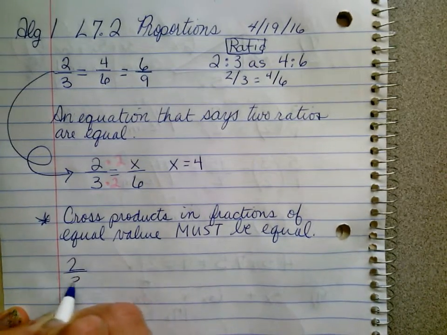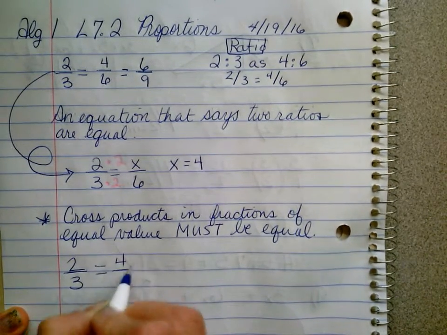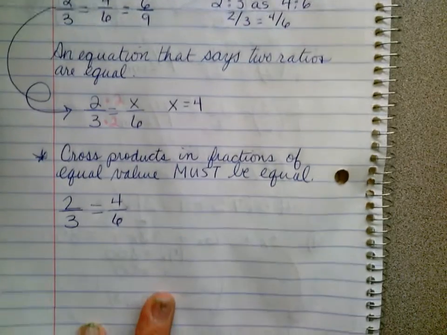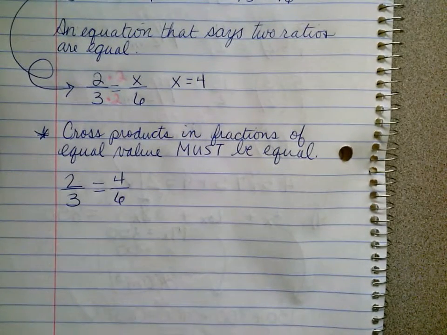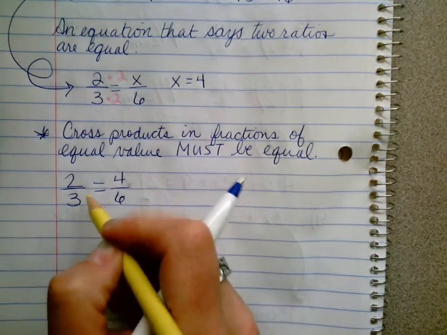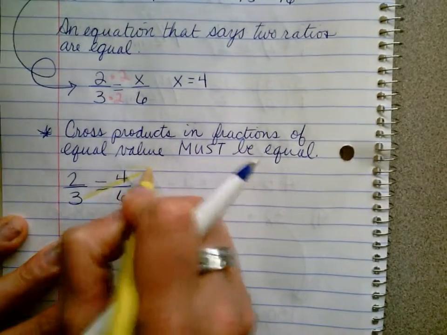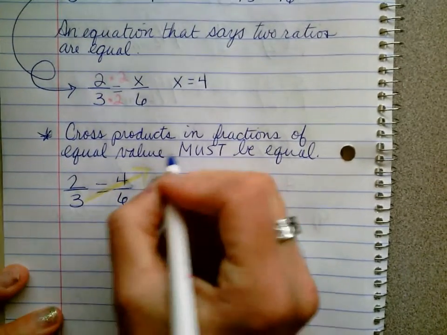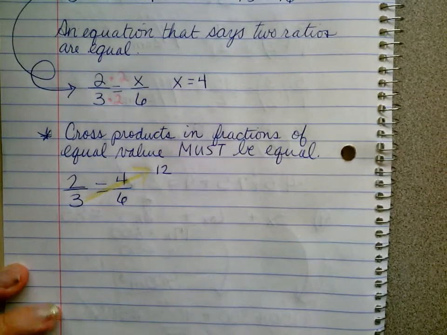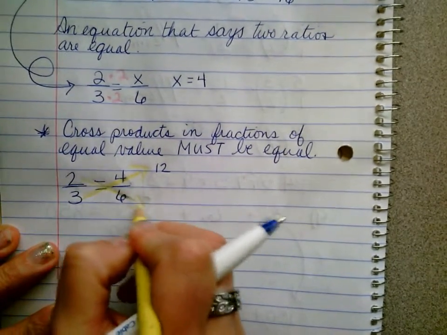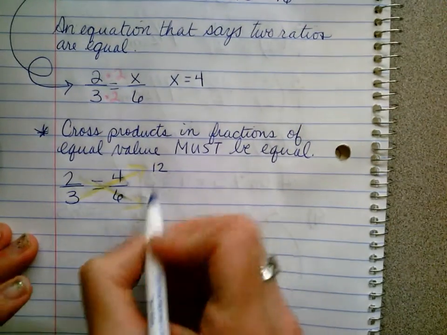So 2/3 is 4/6. You've already told me that because you simply doubled your 3, right? But the cross product principle says that in order for this to be true, the product of this and this, which is 12, must equal the product of this and this, which is also 12.